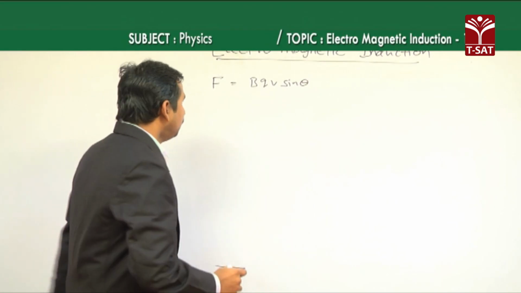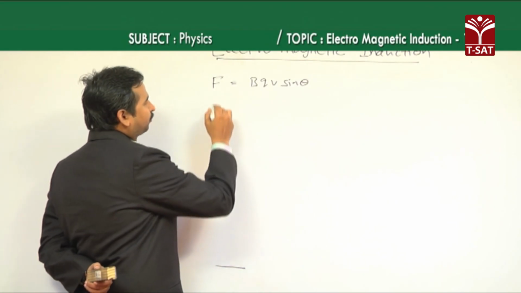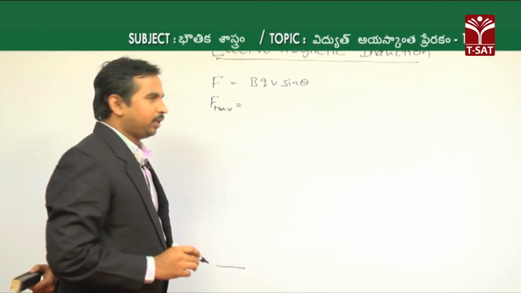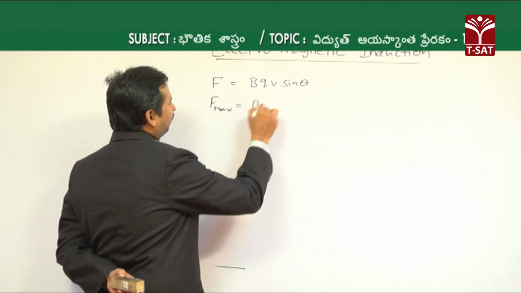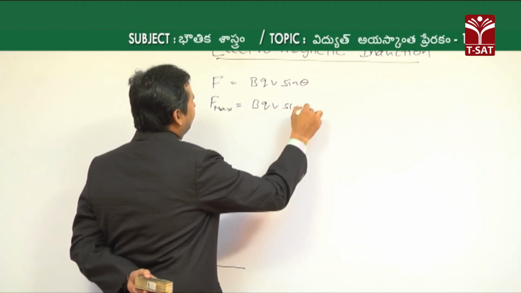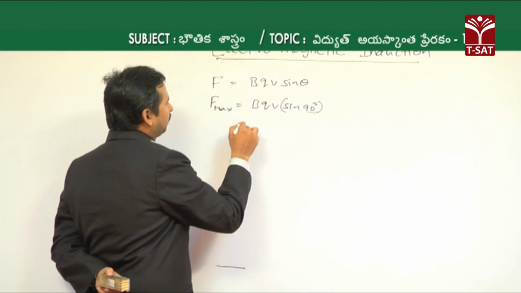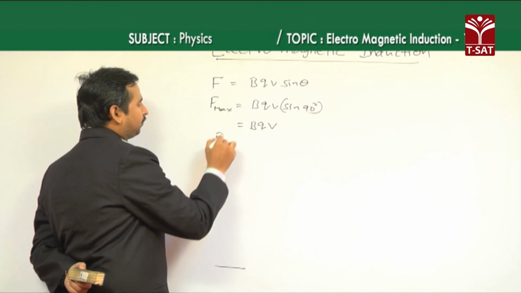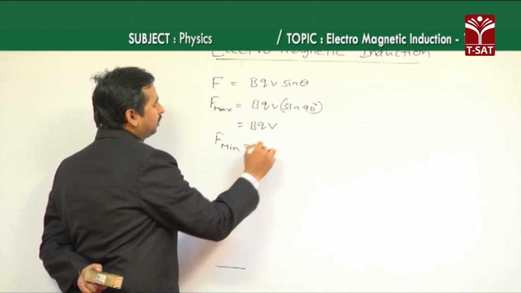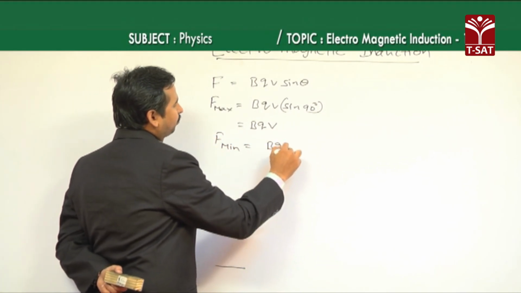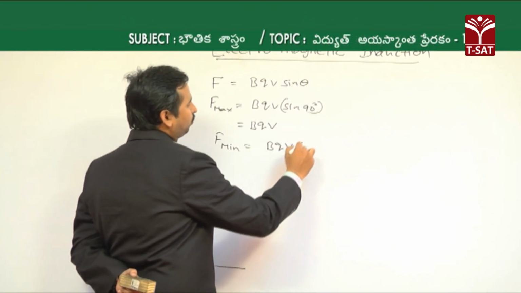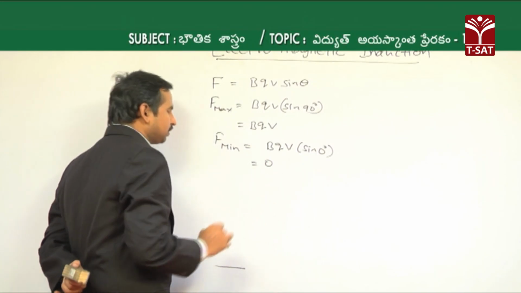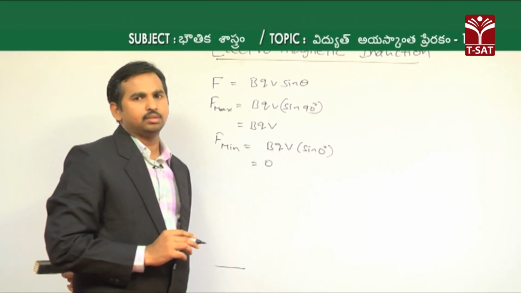For the case of maximum, if the charge is going perpendicular to the plane, theta becomes 90, so BQV sin 90 degrees, where sin 90 is 1, and the maximum value we get is BQV. For the case of minimum, where the charge is parallel, BQV sin 0 degrees, sin 0 becomes 0. So the minimum force acting is 0.